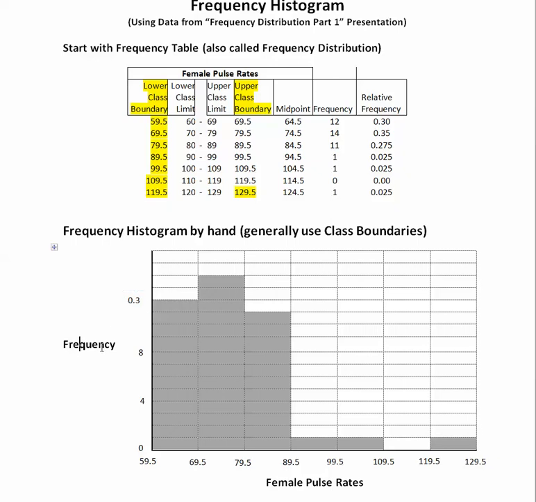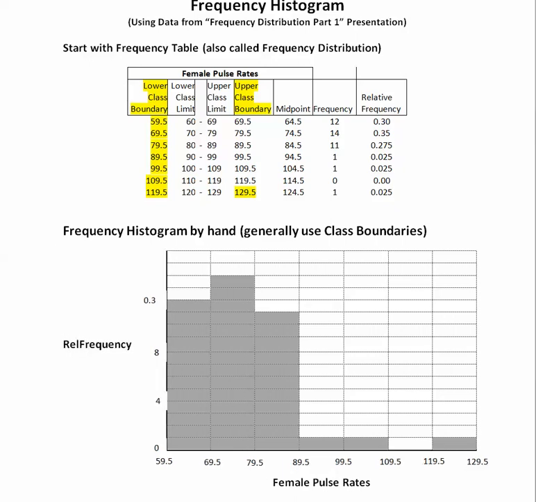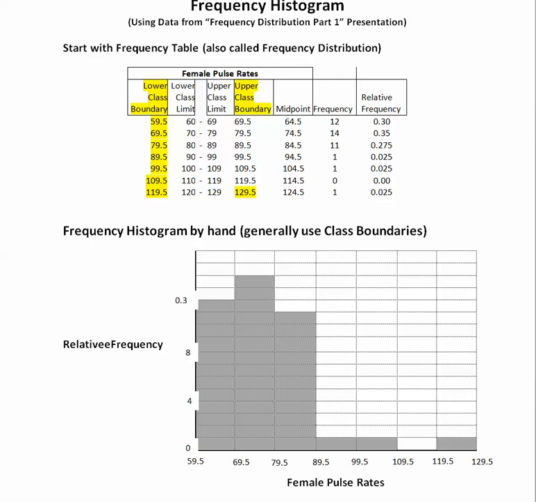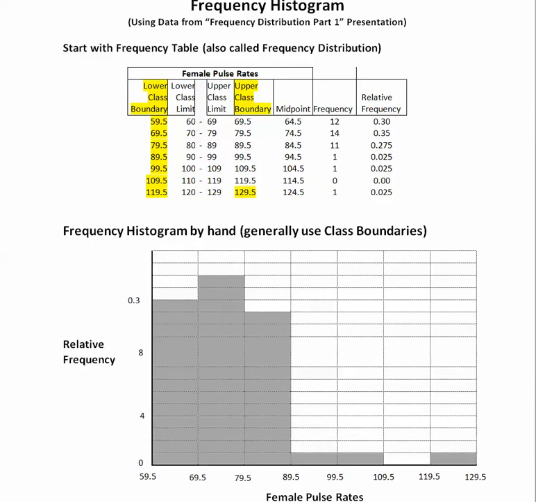And by the way, if we're going to do relative frequencies, now we want to change the name of the y-axis to relative frequency. So I'm going to do that. And that created a problem with my spacing. So I'm going to change my approach to this.